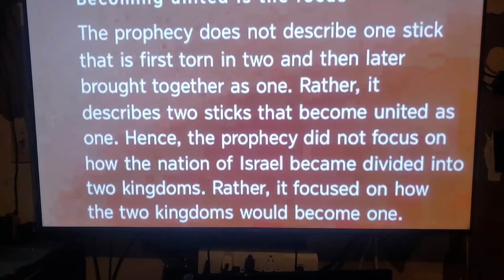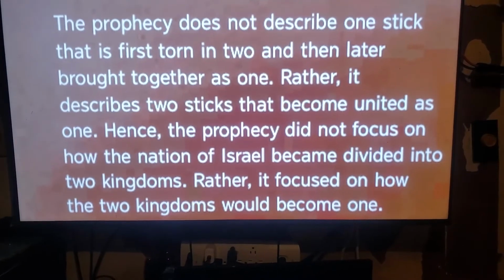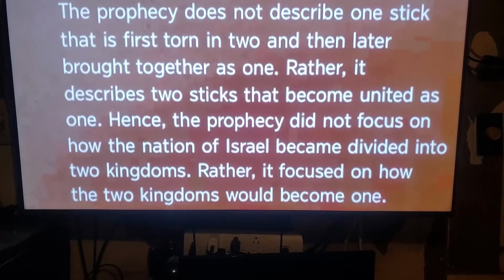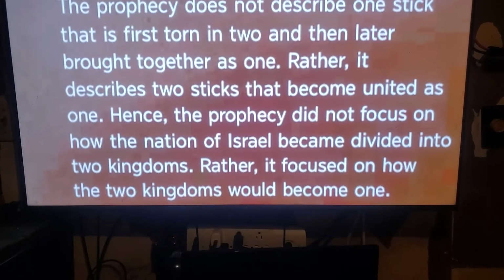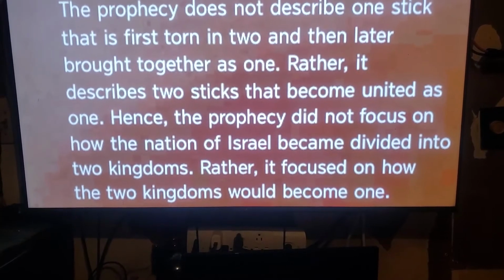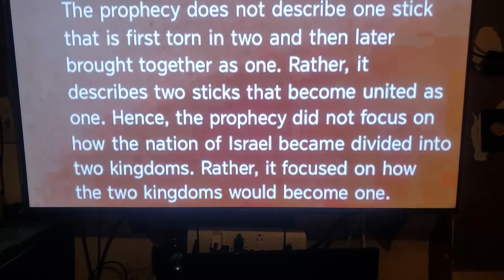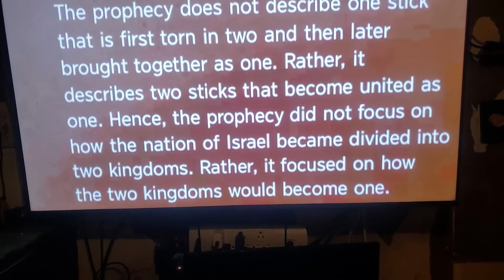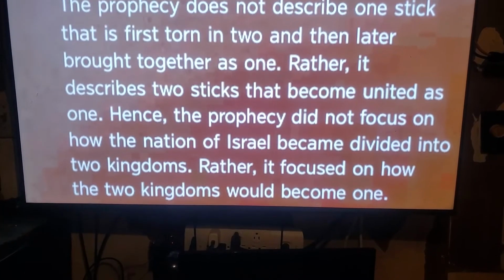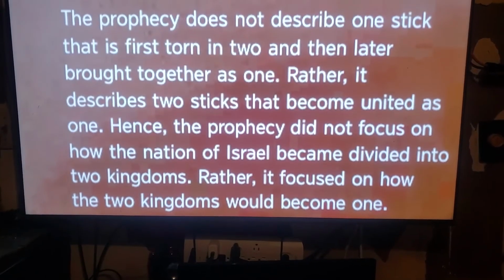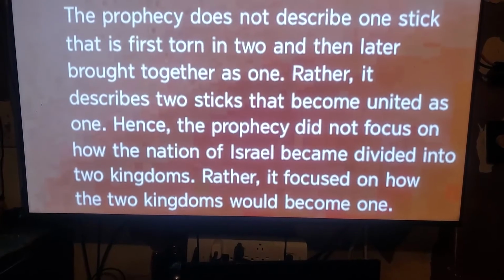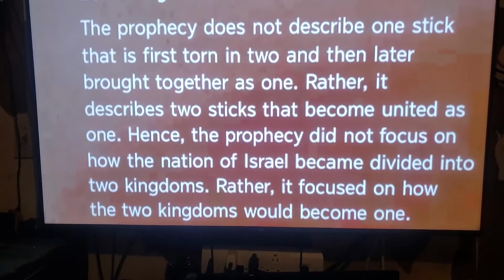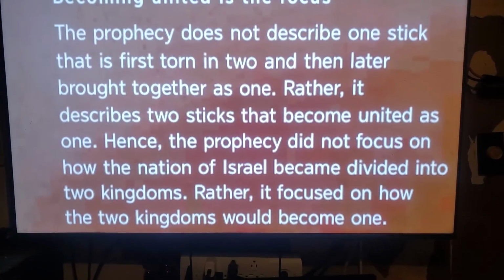The problem with this comment, the Bible teaches in Ezekiel and other places that in the future, those two sticks will be back together. So there will be the Jews and all the tribes of Israel will become one big nation, and they will not be separated. They will not be torn apart ever again. That is God's word promise.